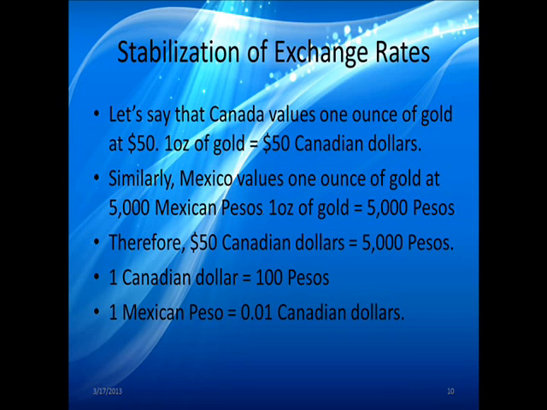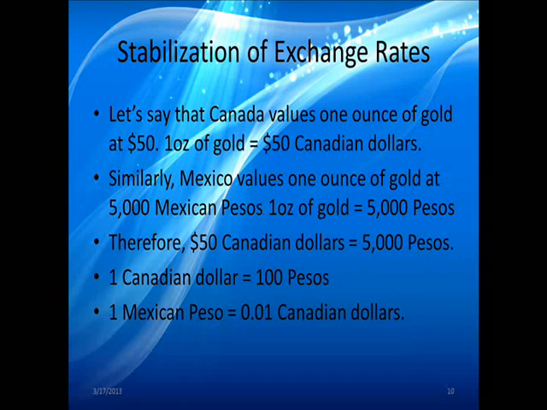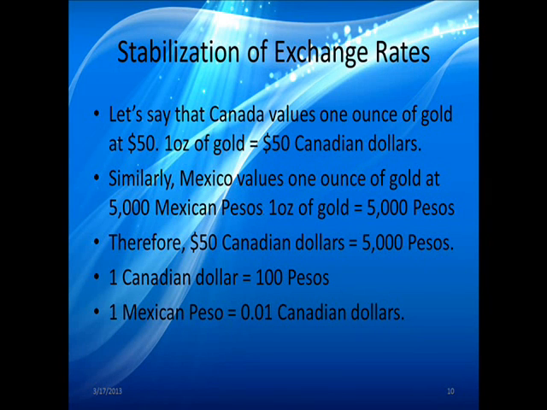So mathematically, 1 ounce of gold is equal to 5,000 pesos. Well, we can use our transitive property, right? And say that 50 Canadian dollars is equal to 5,000 pesos. With a little bit of division, we find out that a Canadian dollar is equal to 100 pesos, and 1 Mexican peso is about 1 cent, 0.01 Canadian dollars.